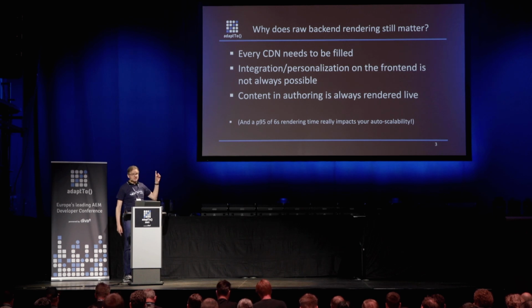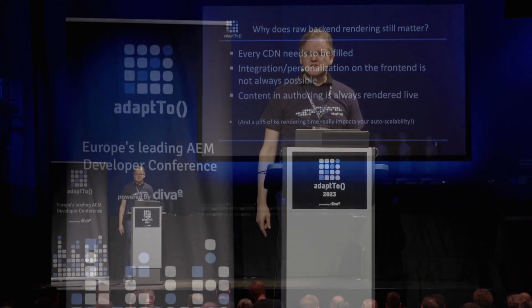In all these cases, 6 seconds is really, really slow. And I've seen too many cases where rendering a page takes 6 seconds, and then I'm mostly running out of options with auto-scaling, because I can give you almost unlimited pods, unlimited CPU.